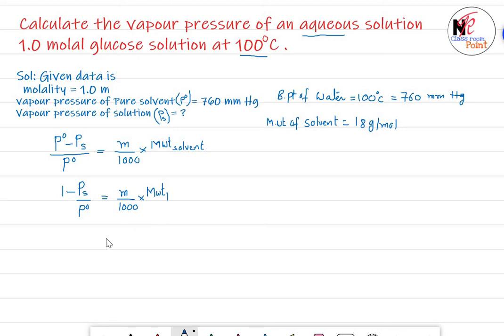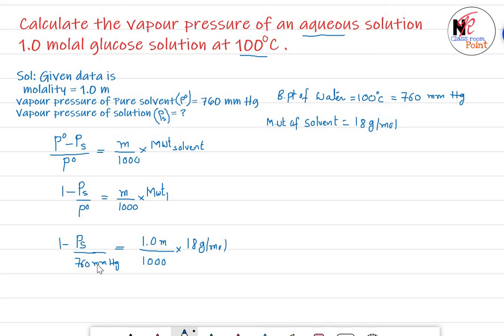Okay, now let us try to substitute everything. 1 minus Ps, the Ps value is to be calculated, divided by P0 value, 760 millimeters of mercury, equals molality value, only 1.0 m, divided by 1000 into molecular weight of the solvent, 18 grams per mole.